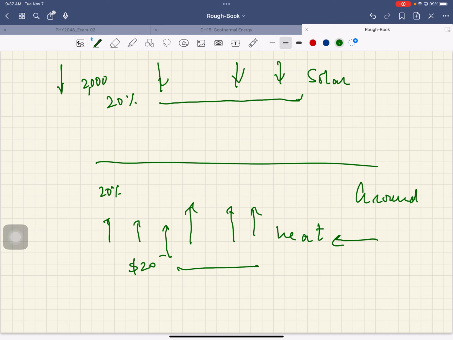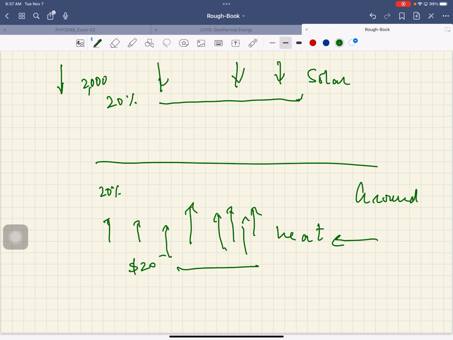It's not going to solve the world problems. In certain locations, there's more heat coming up, and so you'll harness that. For instance, Iceland gets more than half of its energy via geothermal energy. I'm just giving you the big picture first. Do you guys understand that?